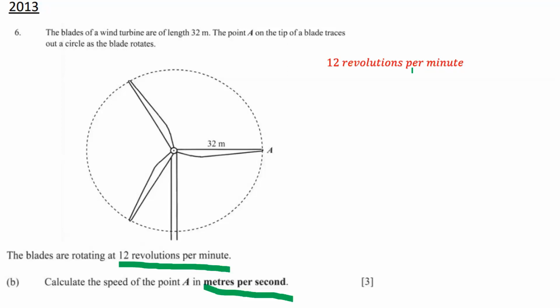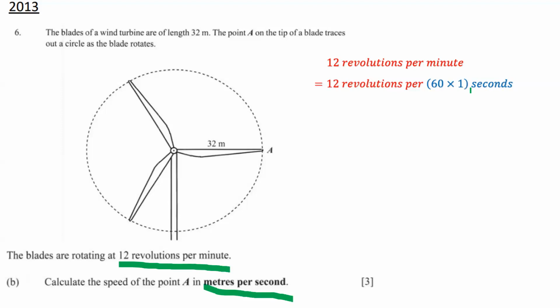So how many revolutions are there in 60 seconds? Well, it's the same thing because 1 minute is 60 seconds. So that means that there are 12 revolutions every 60 seconds.